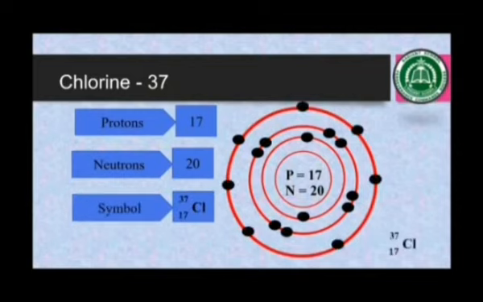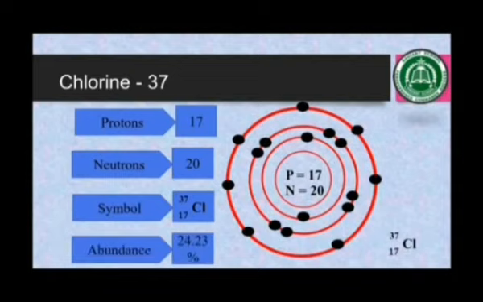The symbol will be Cl 37 17. The 37 at the top left shows the mass number, and the 17 at the bottom left shows the atomic number of the chlorine 37 isotope. The natural abundance of chlorine 37 is 24.23%.